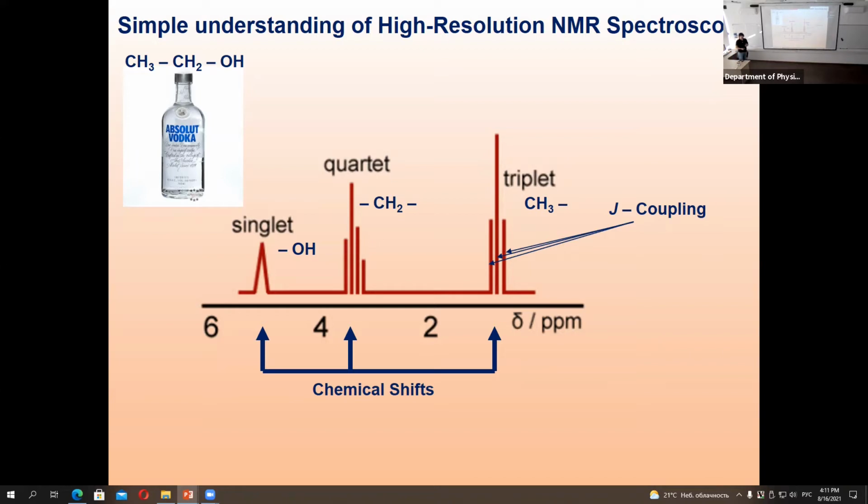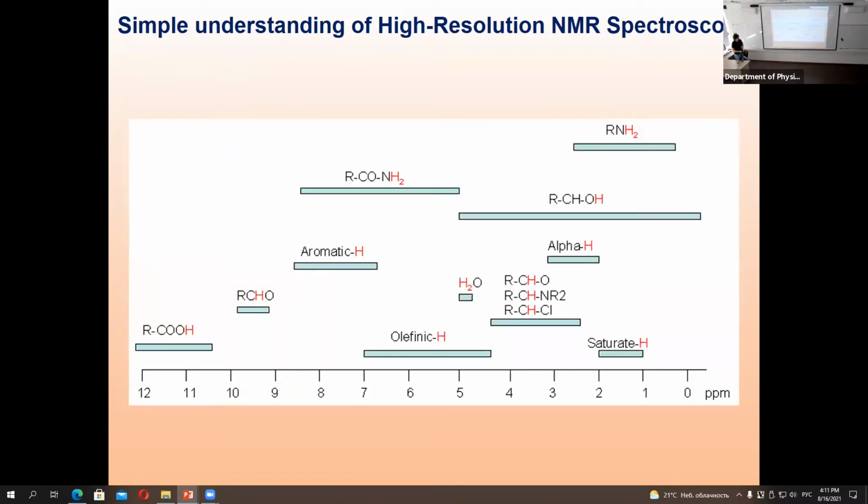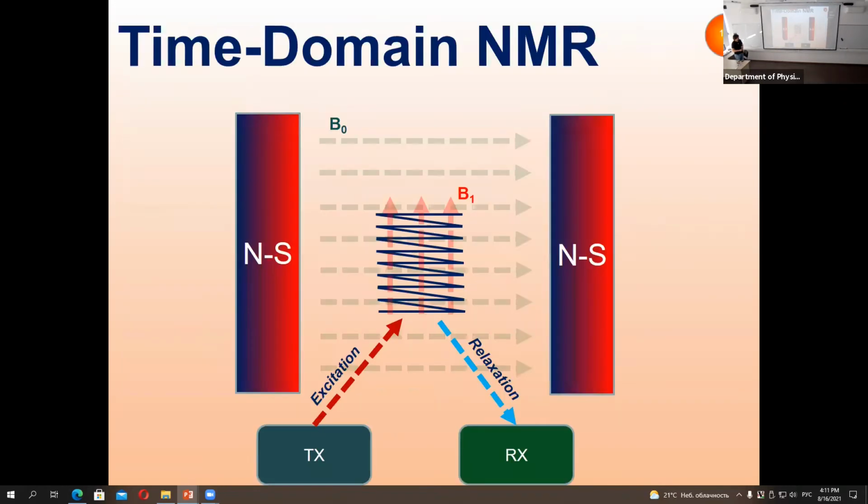And the number of Nobel prizes somehow connected to NMR is much higher than for any other branch of science. This is not the topic of my lecture. This is just how, if you someday become interested in chemistry, to use NMR spectra.